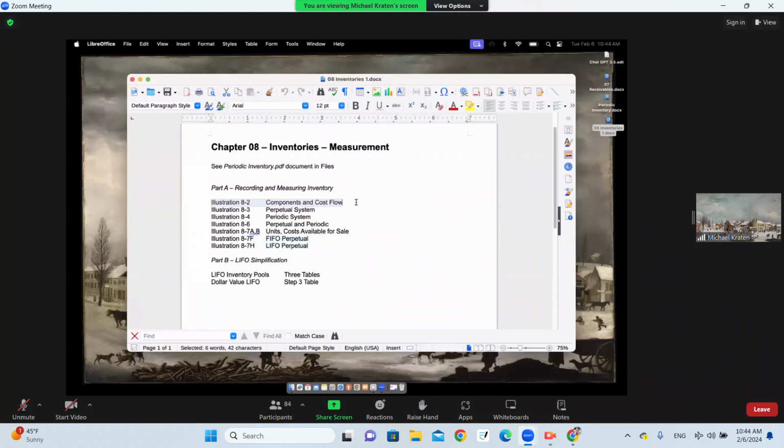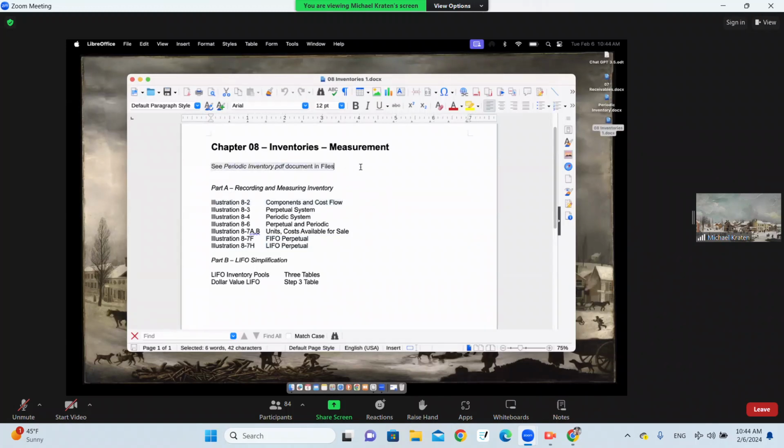But the bottom line is illustration 8-2, a lot, and in my opinion, the most complicated material of the course. FIFO, LIFO, a lot. Not as complicated, but still very important. And the other stuff, not that important, although we will cover it briefly.